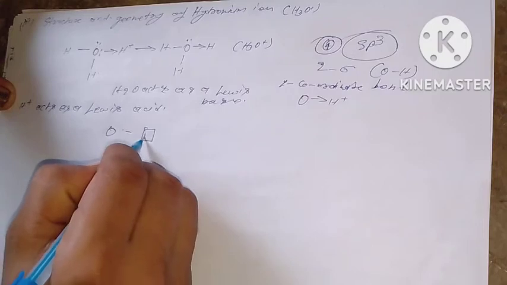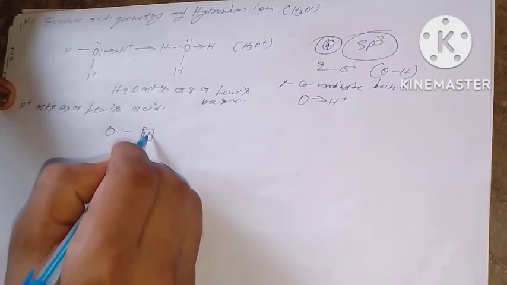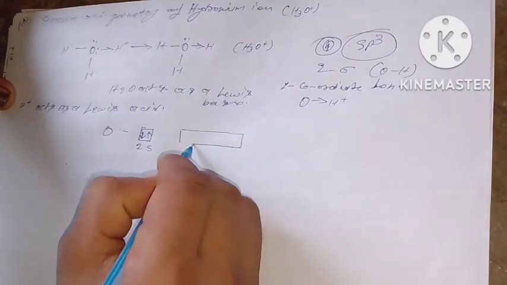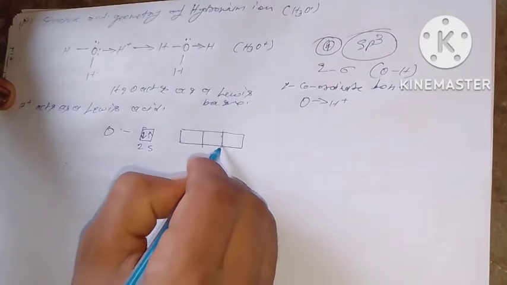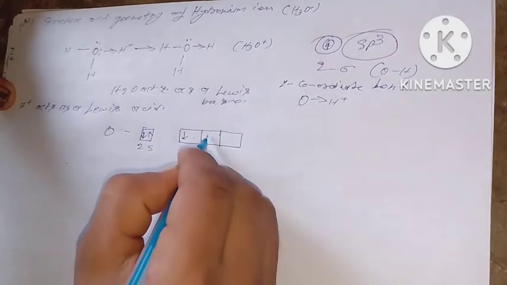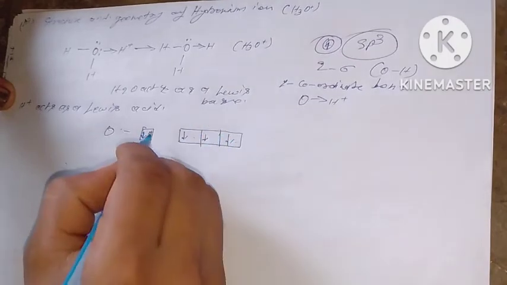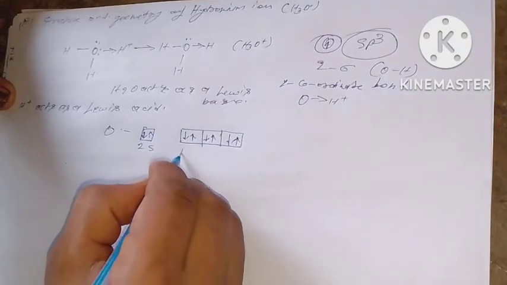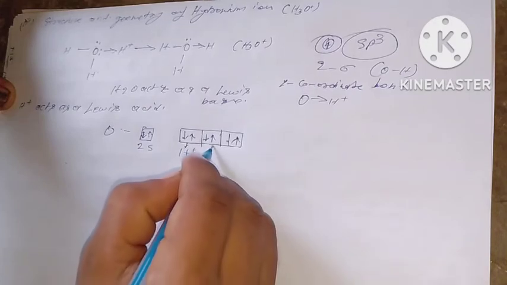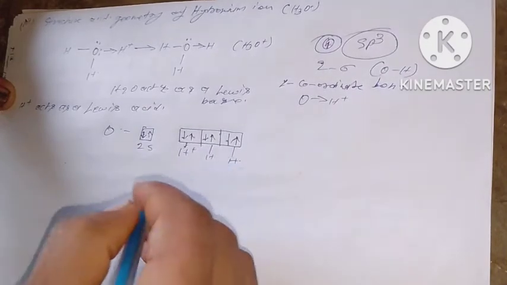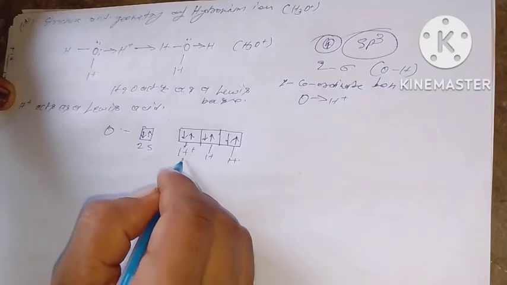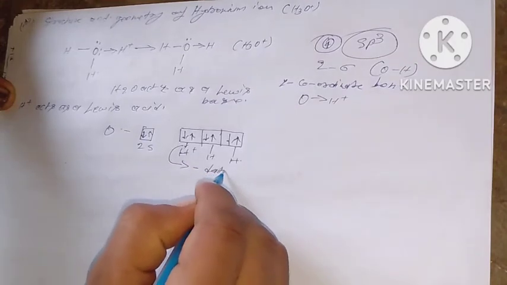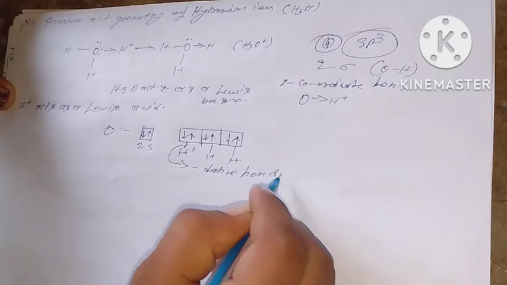Oxygen 2s, 2p orbitals. This is the hydrogen positive ion, and these are hydrogens, and this is the dative bond.